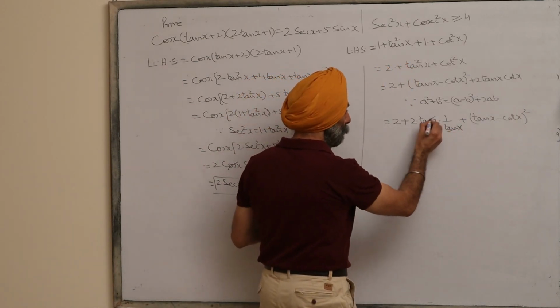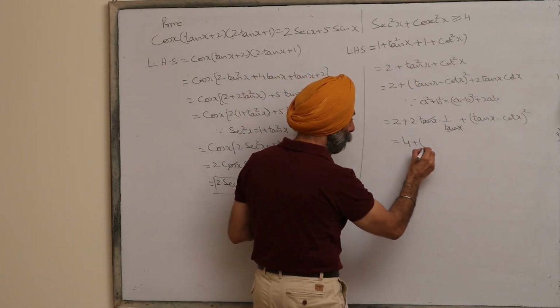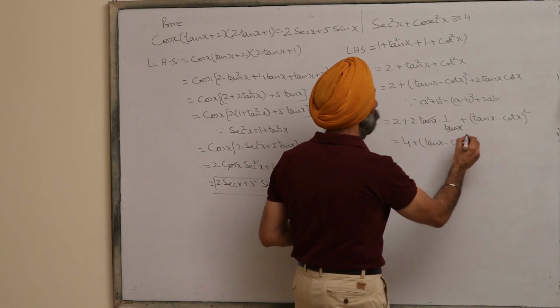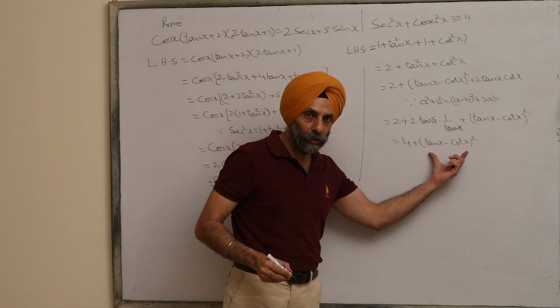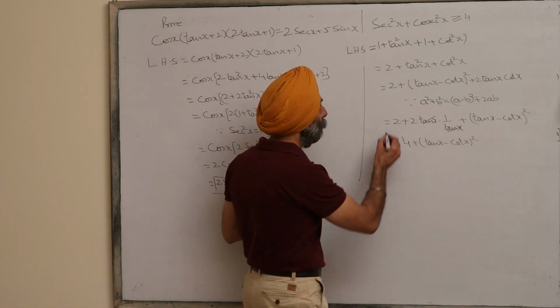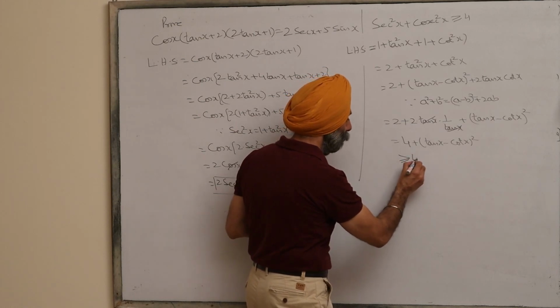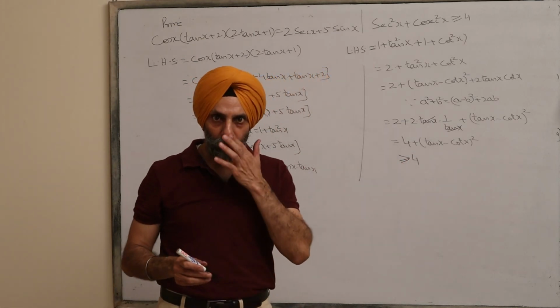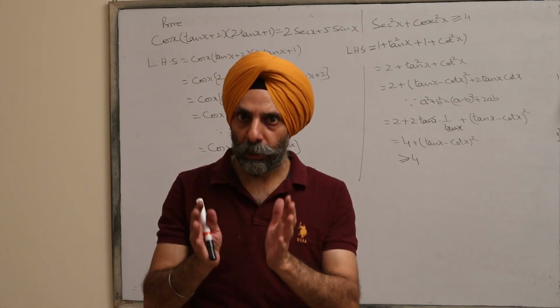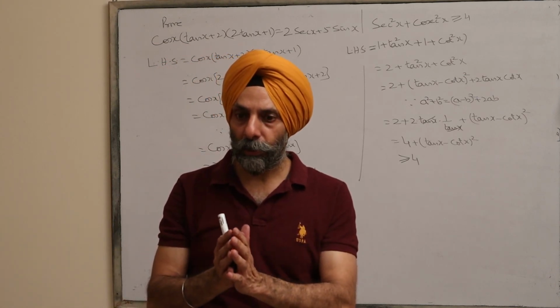So what is that? It is 4 plus tan x minus cot x whole square, because this quantity is always going to be greater than or equal to 0, so that is why this is greater than or equal to 4 here. So this way you can see that we can solve the questions relating to trigonometric identities.